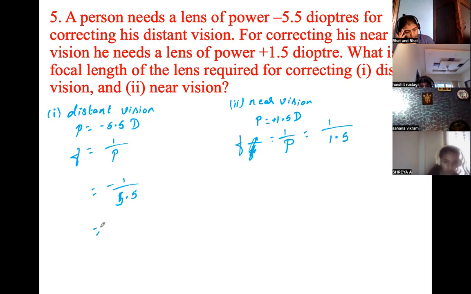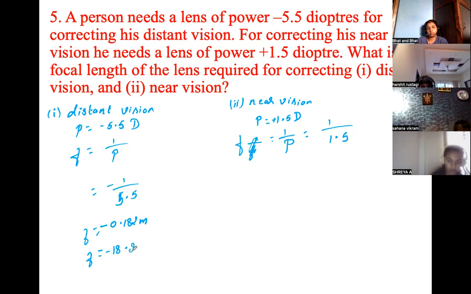How much, children? Minus 18.2. So it is minus 0.182 meter, or you can say f is equal to minus 18.2 centimeter.